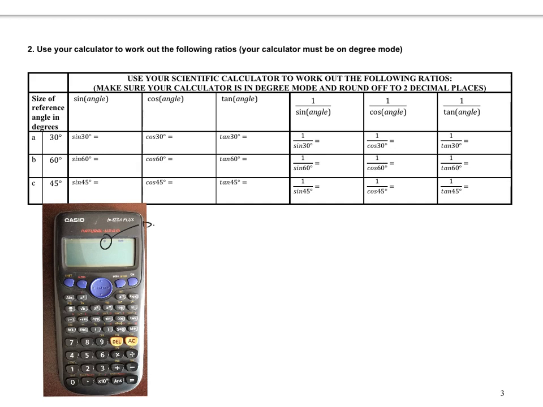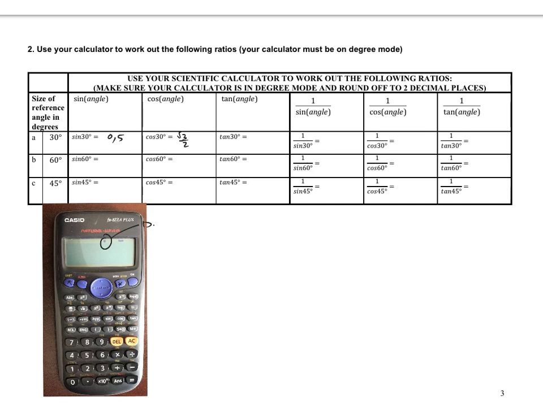If it's not there, you just press Shift and mode setup, and then select degree mode. Then you're just going to plug in the reference angles. If you press sine of 30 on your calculator, you're supposed to get 0.5. And if you press cos of 30, you're going to get square root of 3 over 2.